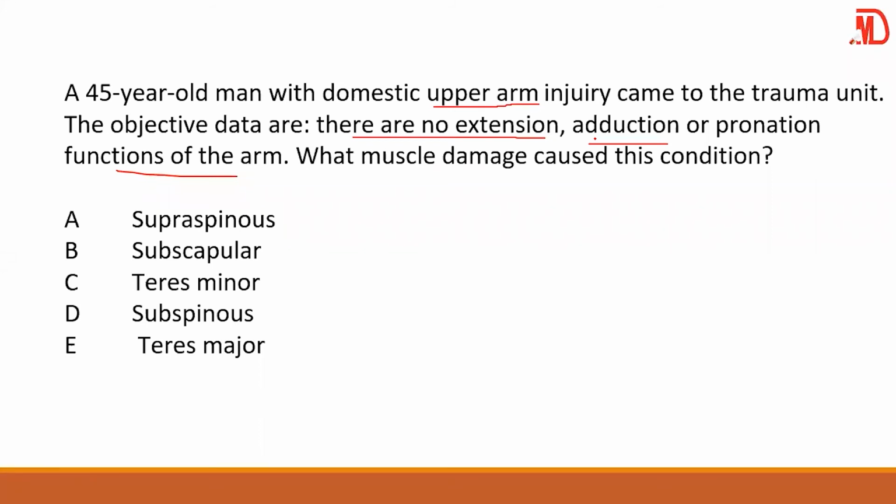So you look at the muscles that are involved in the shoulder joint. They said upper arm, so we're talking about the shoulder area. What comes to our mind is the teres major, because that is a very thick muscle of the shoulder joint.